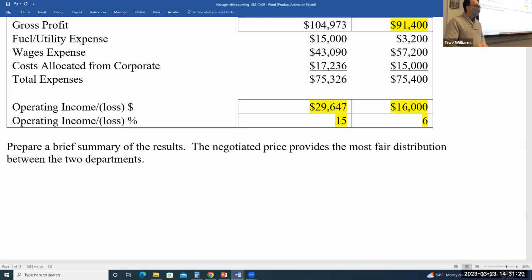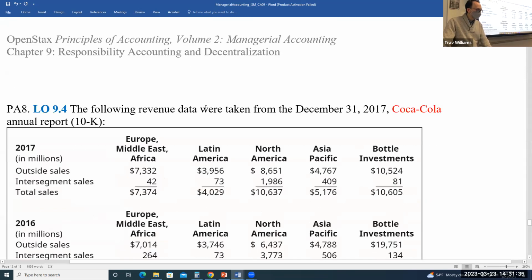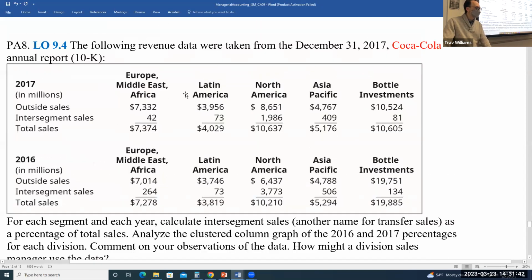All right, well, we got one problem left. This is from Coca-Cola. This is actual data from 2017. What we're supposed to do on this one, we've got 4 different regions, plus whatever bottle investments is.